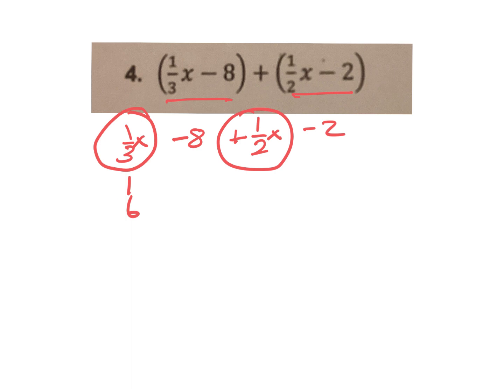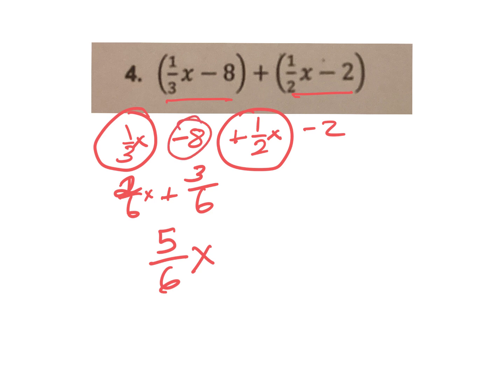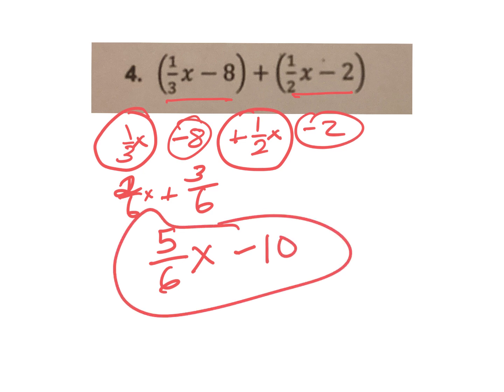I need to make that 1/6. Oh, no, it's not 1/6. It's 2/6 plus, make that into 6, 3/6. So when I do that, it gets me 5/6 x. And then I put my negative 8 with my negative 2. It's going to give me a grand total of negative 10. So my answer is 5/6 x minus 10.